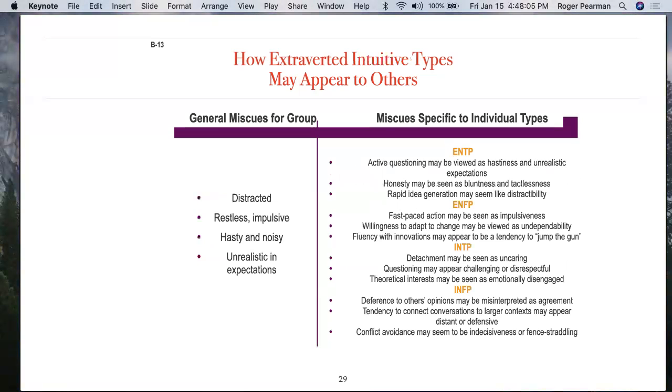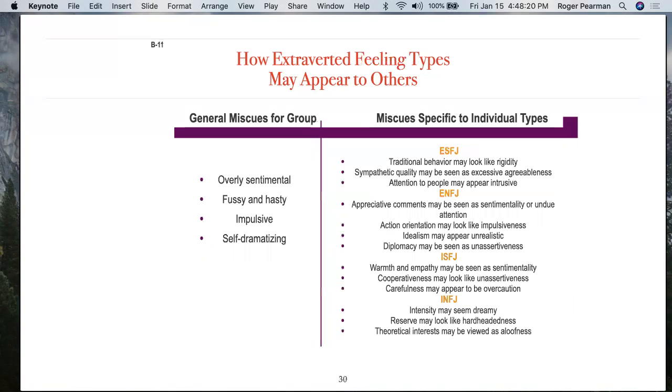These 4 types are extroverted intuition, and we know that intuition is about ideas and possibilities, it very often gets seen as a kind of impulsive or distracted orientation, throwing out ideas that seem unrealistic to others.